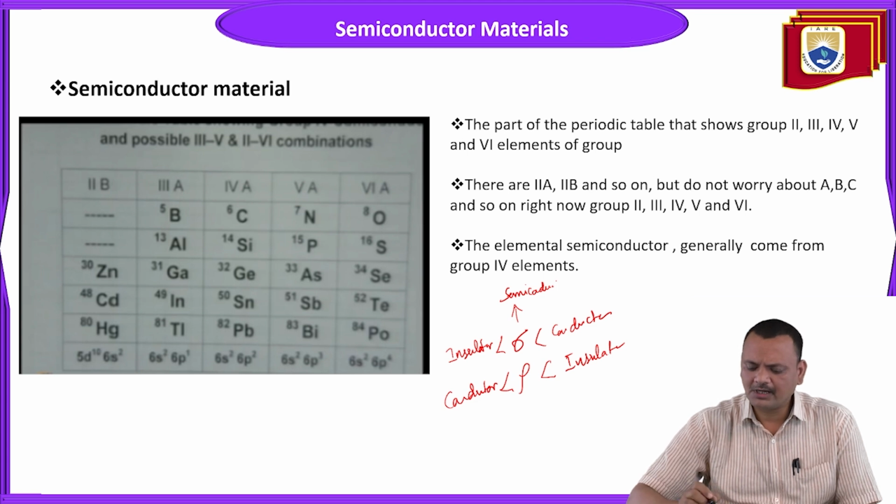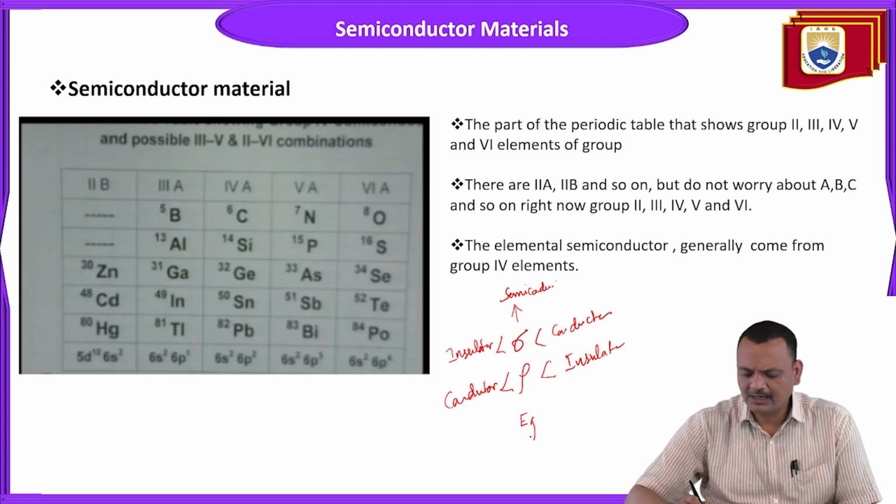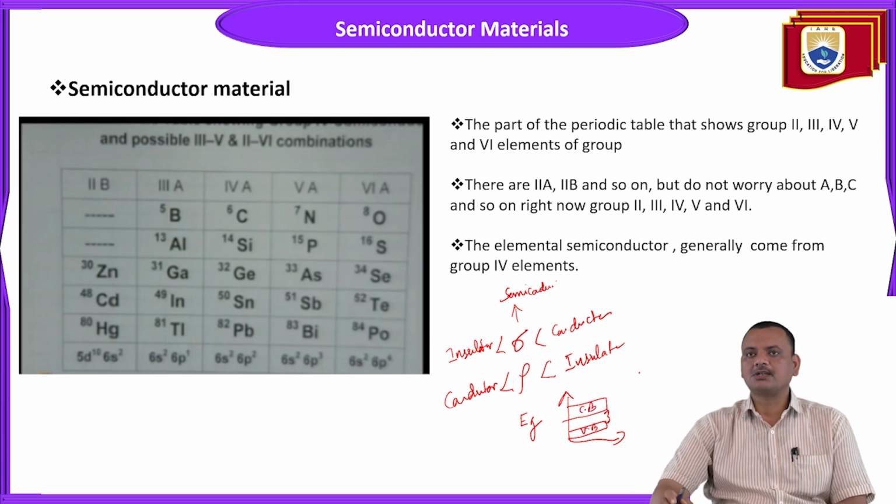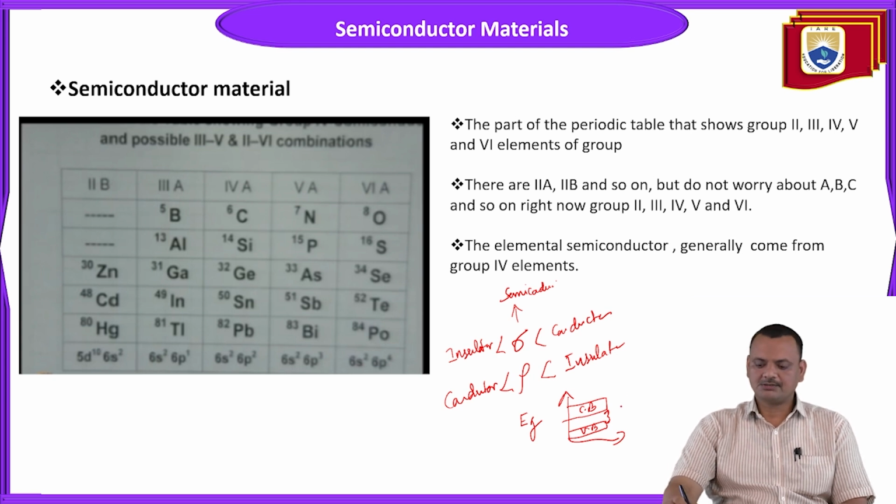And obviously you can define it on the basis of energy band gap. So a semiconducting material has an energy band gap between the conduction band and the valence band. The difference between the bottom of the conduction band and the top of the valence band is known as Eg.